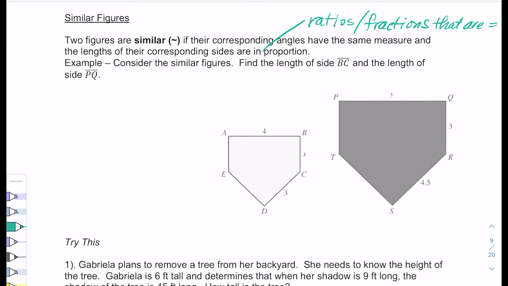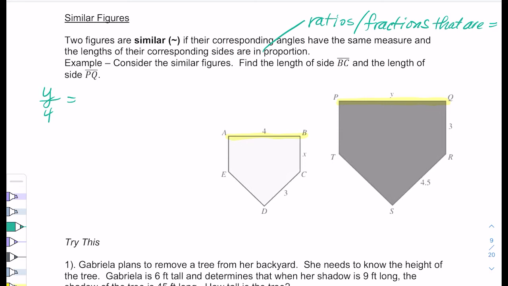It means the corresponding angles are equal and the side lengths are proportional. So we need to create two equal fractions. So one of the things I'm going to do here is I need to find y. And y corresponds to this side here. So I'm going to take y and put it over 4. I'm going to turn it into a fraction.